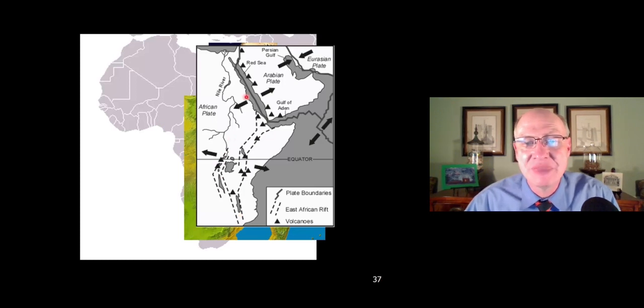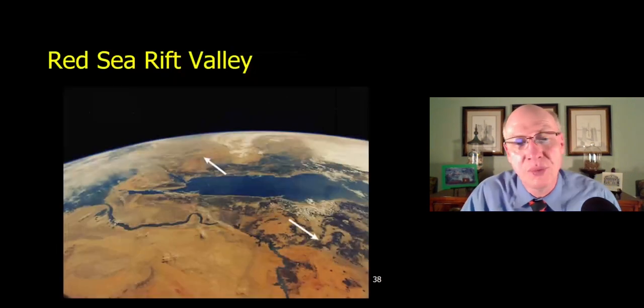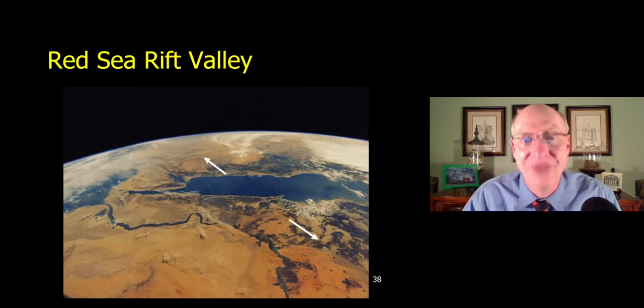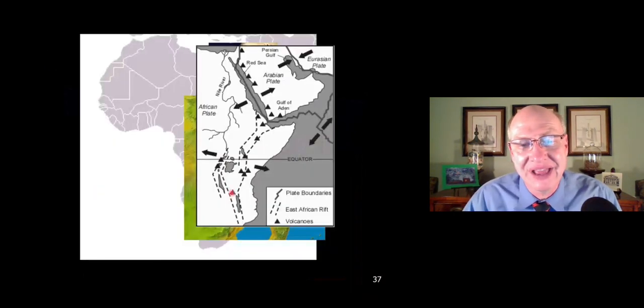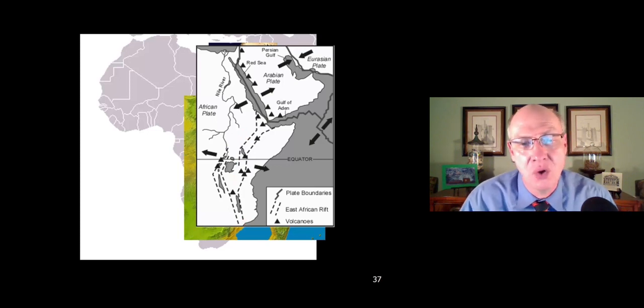At the same time, the African plate is moving this way and the Arabian plate is moving that way, and that has opened up a rift that has become the Red Sea. So the Red Sea is an example of a rift valley. In this case, it has filled in with water. In the case of Africa, it has not yet filled in with water, but eventually will probably form a sea, and then eventually, as it gets wide enough over time, an ocean.